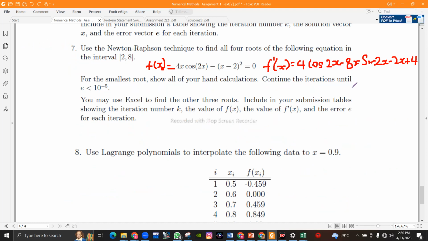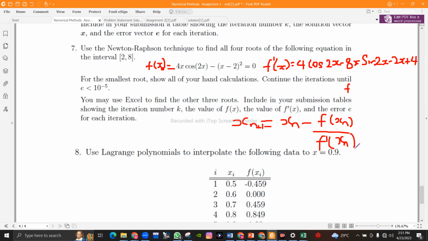The formula is x n plus 1 equals x n minus f of x n divided by f prime of x n. So this is the formula that we need.